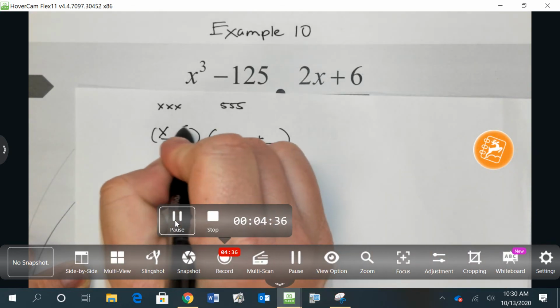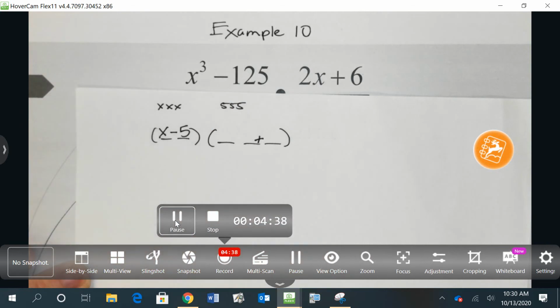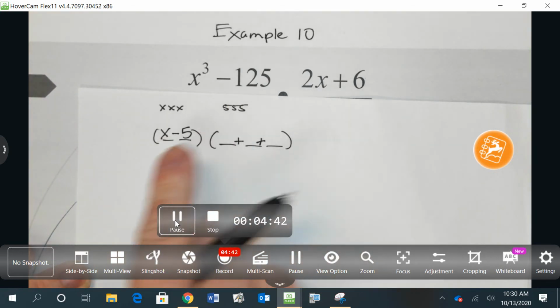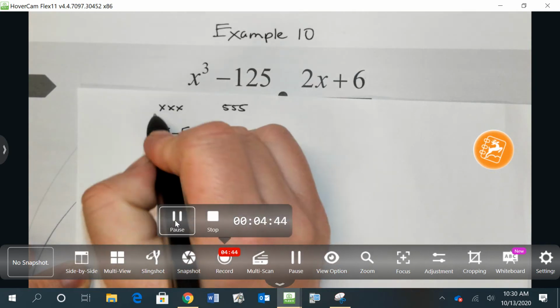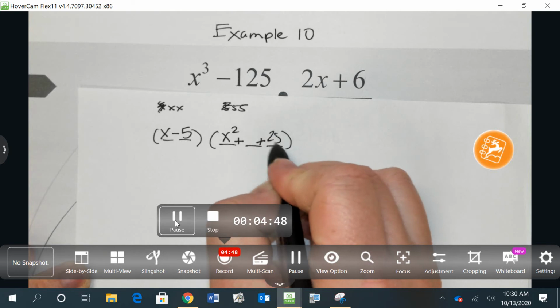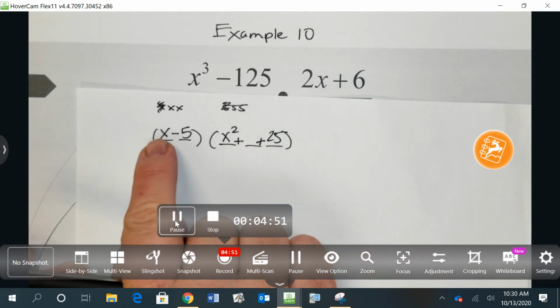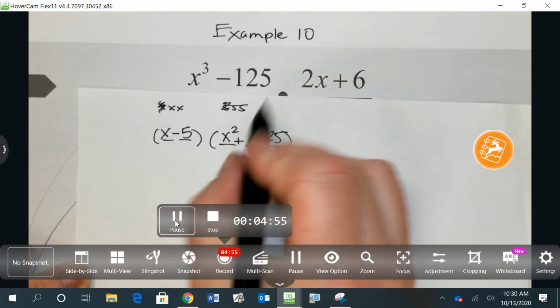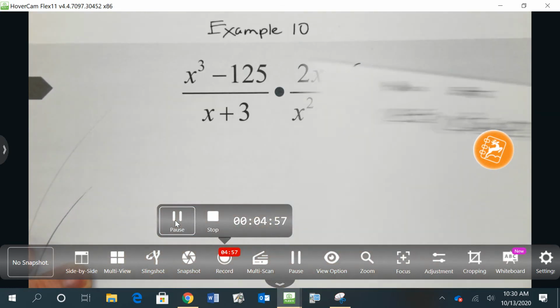I bring down 1x and 1, 5, and a subtraction sign for this problem. This sign is always opposite of the first. What fills in here? Well, I have 2 remaining x's, so that's x squared, 2 remaining 5's multiplied to give you 25, and this term can be found by multiplying the front and the back and forgetting about signs. X times 5 is 5x.